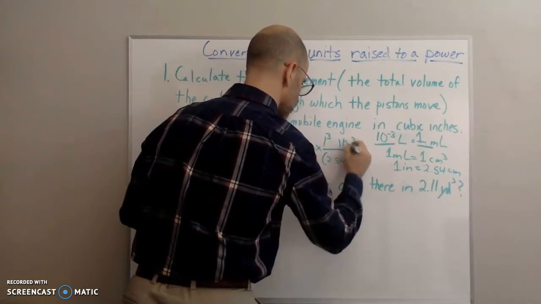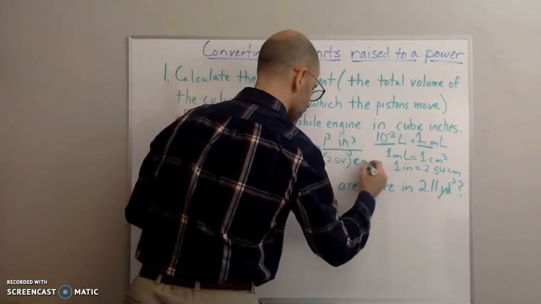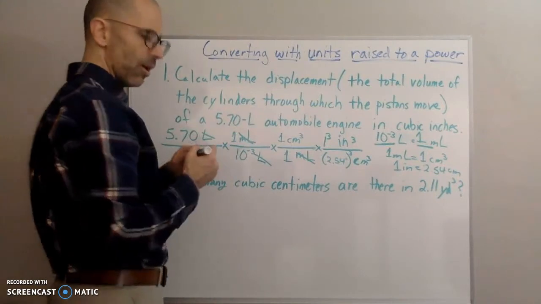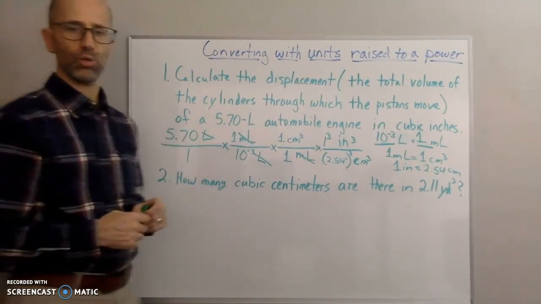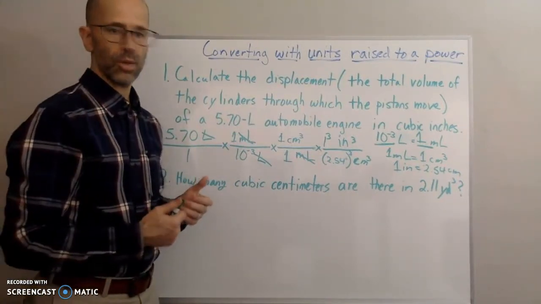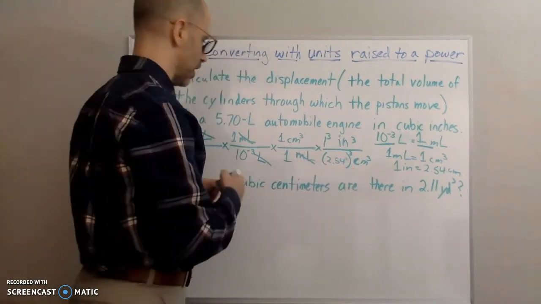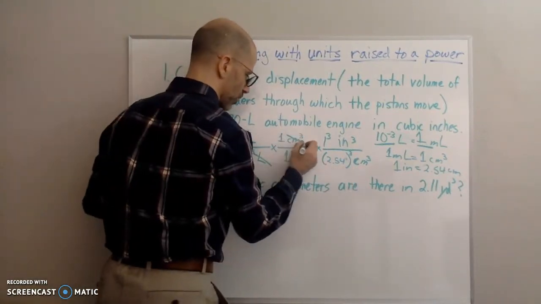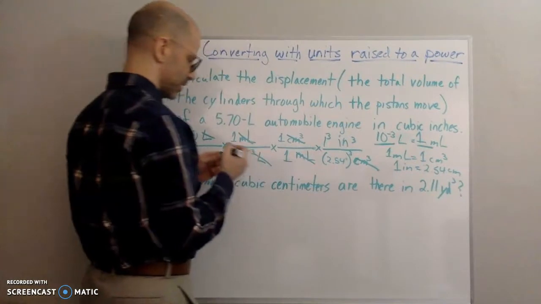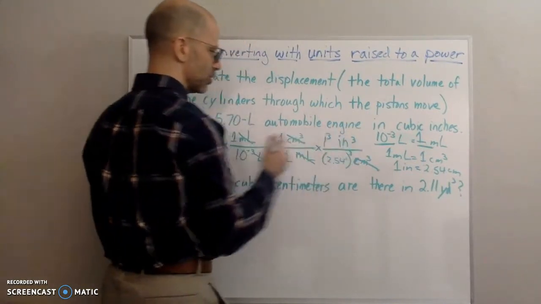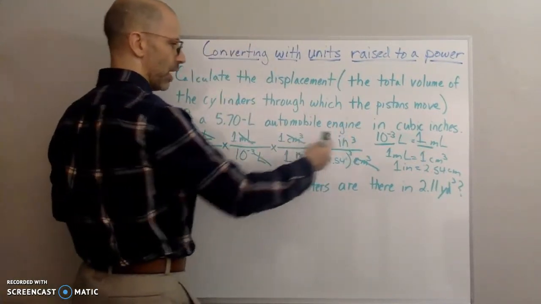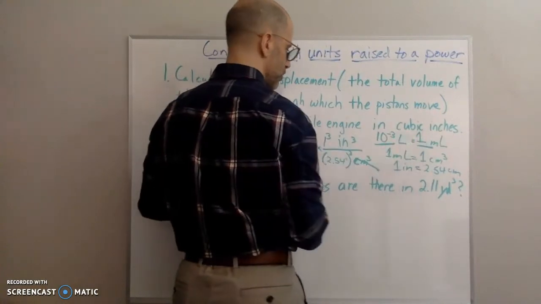This is inches cubed and centimeters cubed. So now I have my cubed unit. At this point, I can cancel out my centimeters cubed. I have my inches cubed, and now I am done. So I have inches cubed.